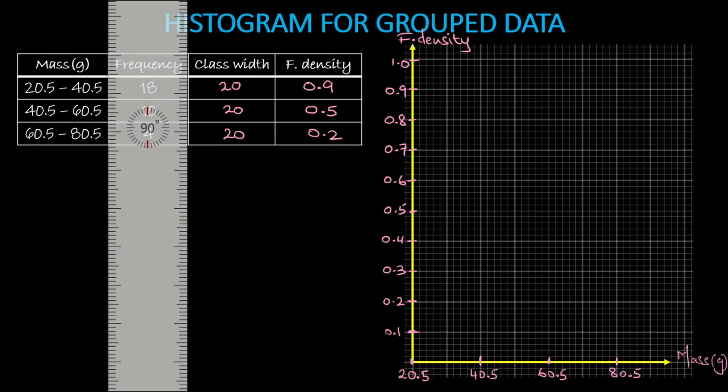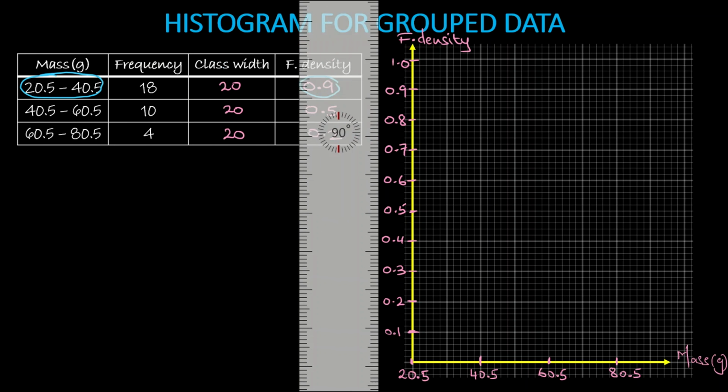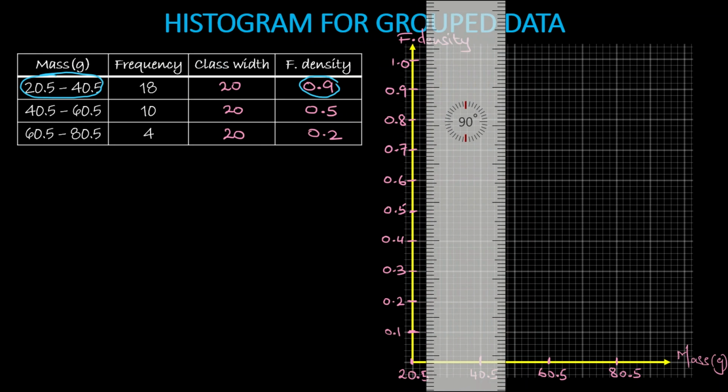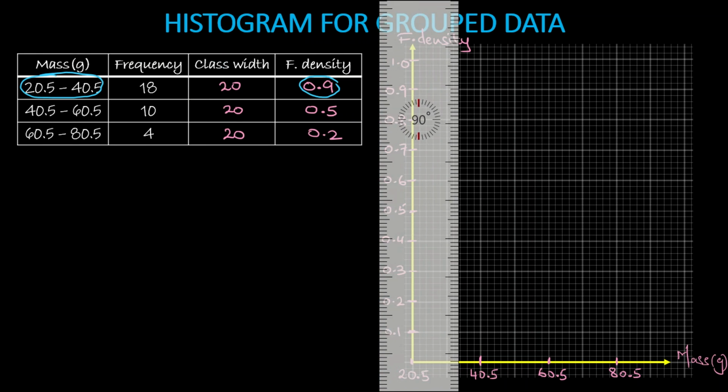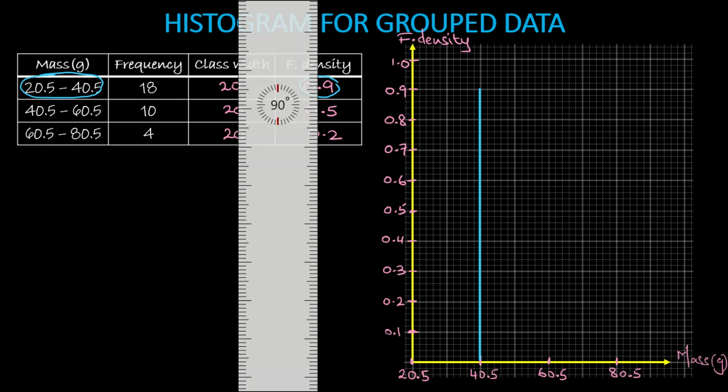Right, so the first bar will be for the interval 20.5 to 40.5, and we have to reach up a frequency density of 0.9. 20.5 to 40.5, 0.9. Okay, so this is where the first bar reaches, and now we rotate our ruler again to complete the first bar.